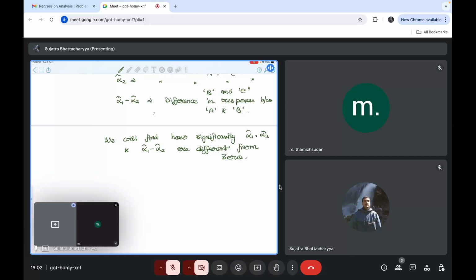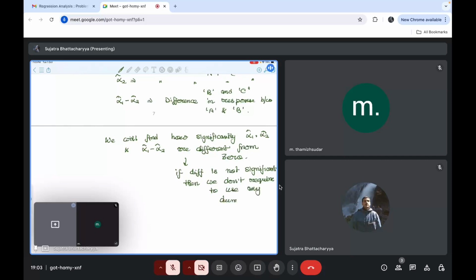This is what we will be finding. Because if the difference is not significant, if it is not significantly different from 0, so I'm writing, if the difference is not significant, then we don't require to use any dummy variable.